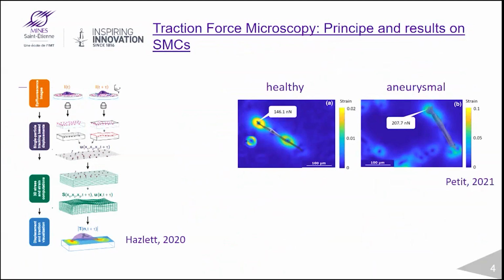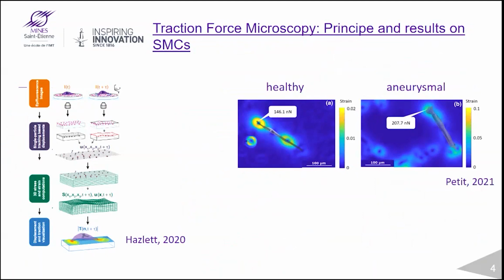You take one picture of the cells in the initial state and one later when the cells are contracted, for instance, and you compare a special pattern that is in the matrix, and you will be able to derive the deformation of the matrix and then to derive the traction forces that the cells apply on the matrix itself.